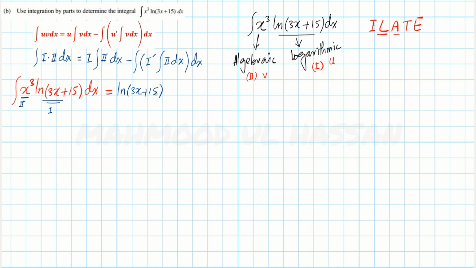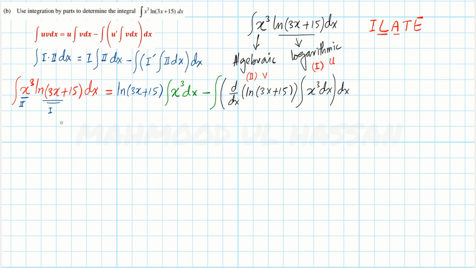Then we take the integral of the second function, which is x cube dx, then minus whole integral, then you have to take the derivative of the first, that is the natural log of 3x plus 15. Then you have to take the integral of the second, that is x cube dx, and then dx.